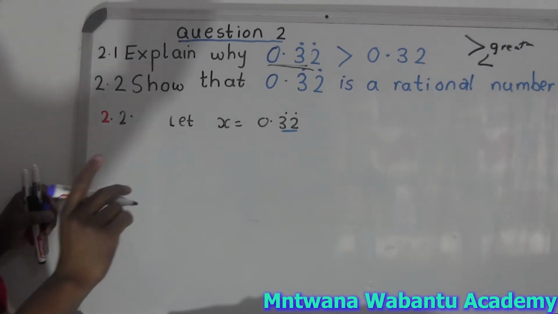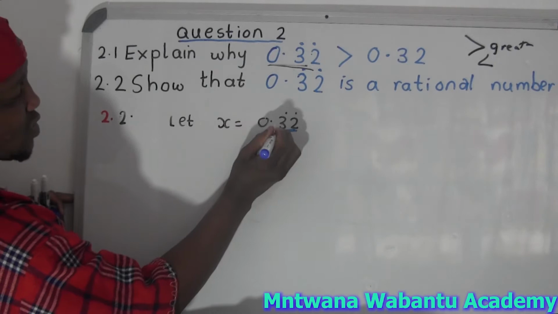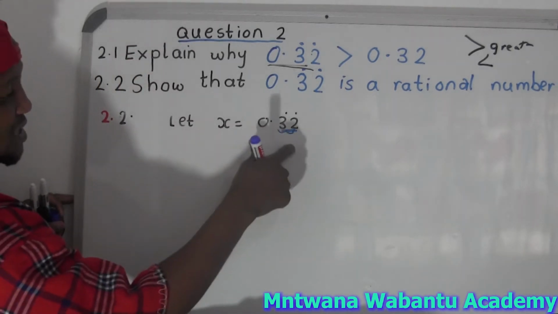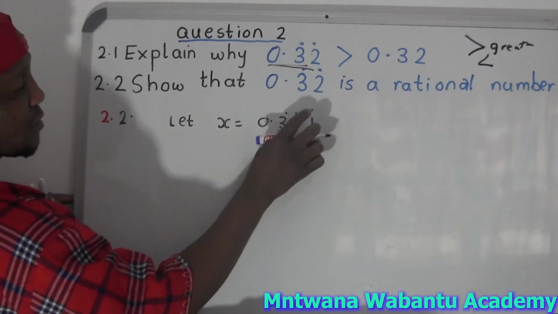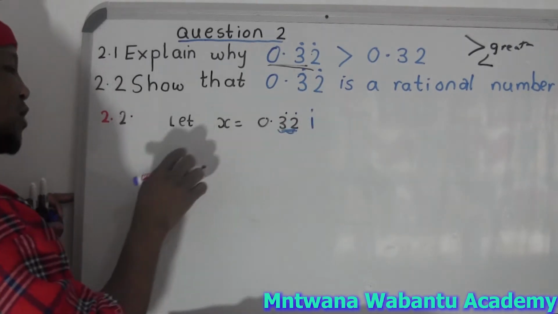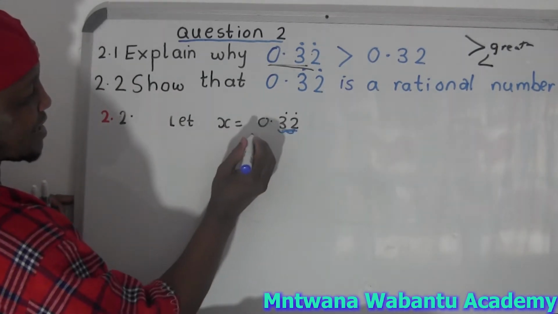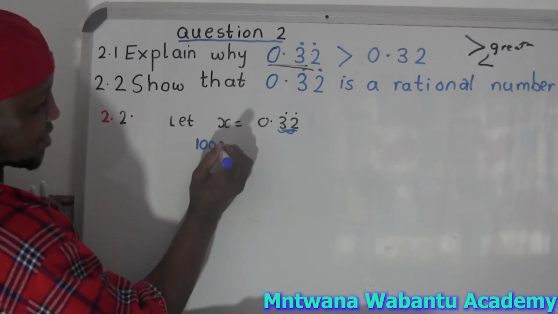How many decimal places here? 2. So if it's 2 decimal places, multiply by 100, on both sides. If it was 3 decimal places, I would multiply by 1,000 on the left and 1,000 on the right. For now it's only 2 decimal places, so I multiply by 100 on the left, so it's going to be 100x.